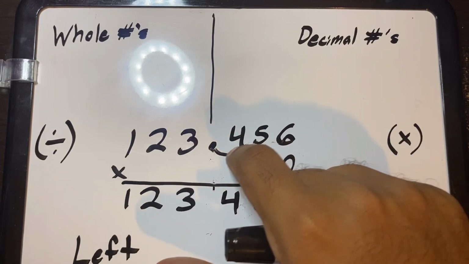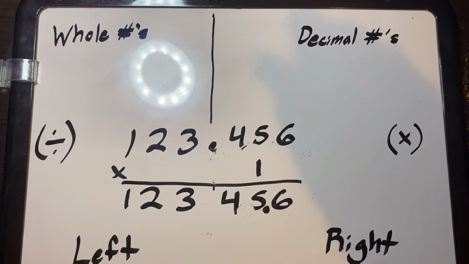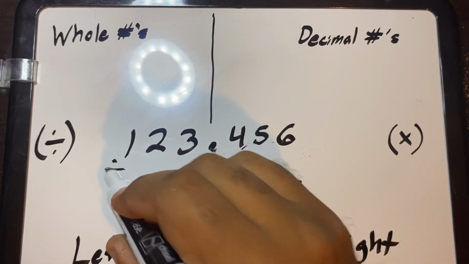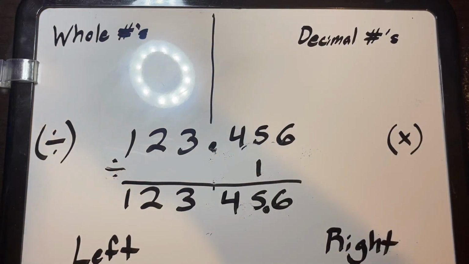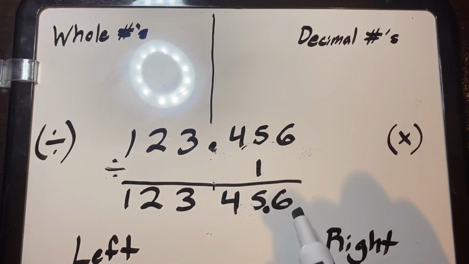Now, let's see if we can do it a little differently. What if instead of multiplying, we divided? So for place values, it's also very simple. This number divided by 1 is still this number. Okay, but what if it was divided by 10?